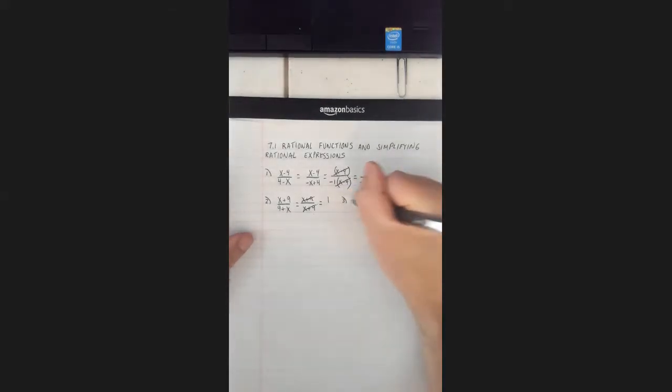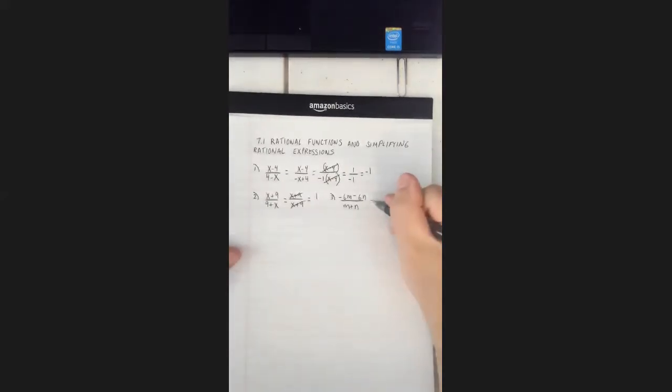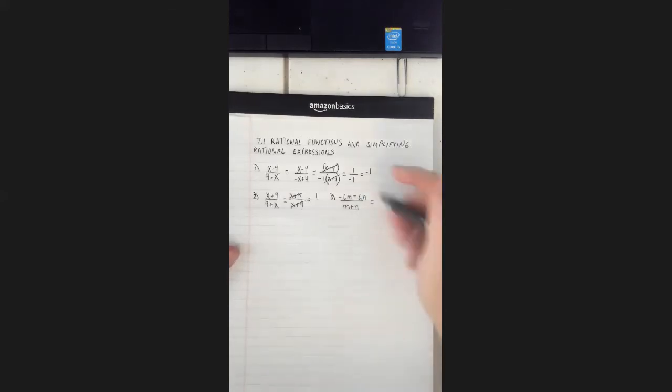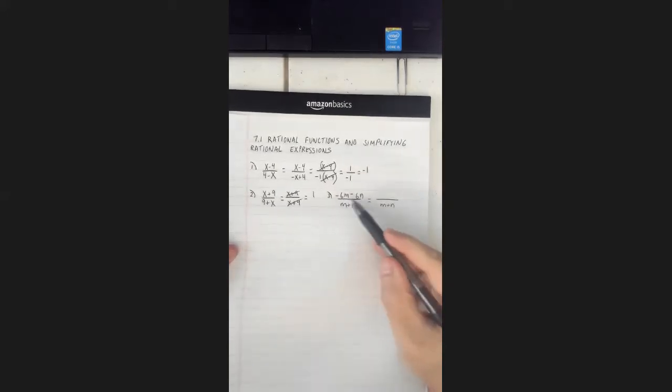All right, let's look at another one. So again, what you're going to do on these is factor whatever I can factor in my numerator, and then whatever I can factor in my denominator. Looking at that denominator, nothing's really going to be factored. That's going to say m plus n. But what can I factor out from my numerator?